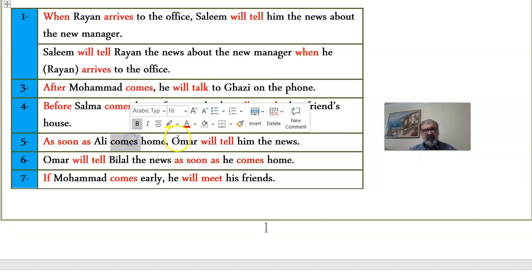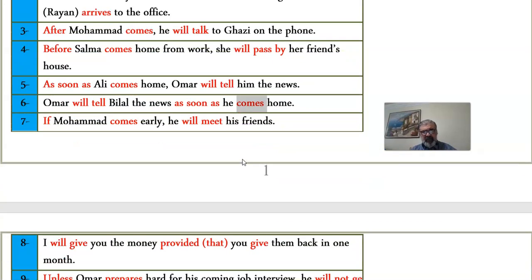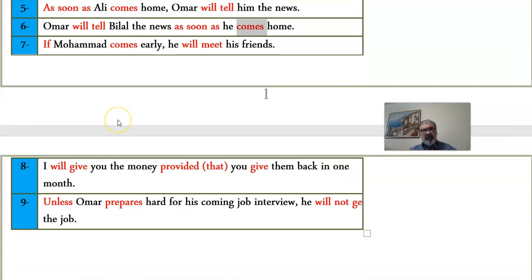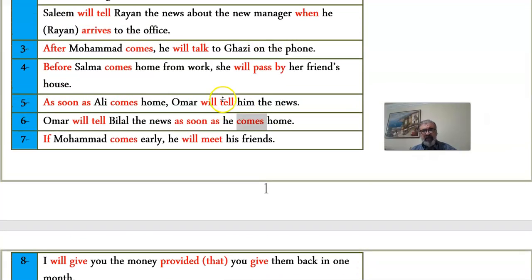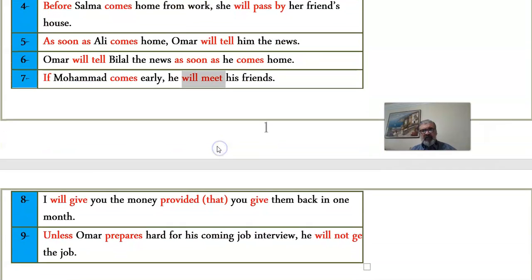As soon as Ali comes, again, initial position, Omar will tell him the news. Now, as soon as is used in middle position, so it started with the future simple first and then the present simple. Now, if Muhammad comes early, if followed by present simple first and then future simple.